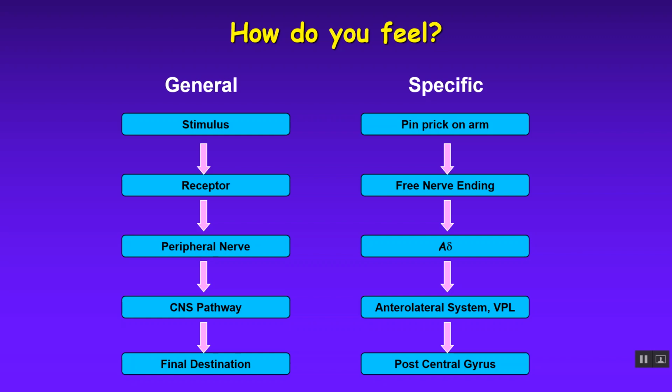It's going to enter the central nervous system pathway, going up the anterolateral system, more specifically the spinothalamic tract within the anterolateral system. It's going to eventually synapse in the thalamus, the ventroposterolateral nucleus of the thalamus, and then it's going to finally go up to the cerebrum and the postcentral gyrus, in a little location called the homunculus that's specific to wherever that location was on your body, represented on that particular part of your brain, okay? So that's the process, and we're going to walk you through each of those things, starting in the periphery and working up to the central nervous system in detail.